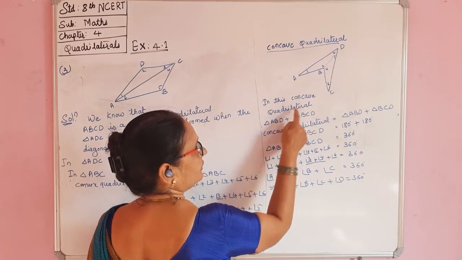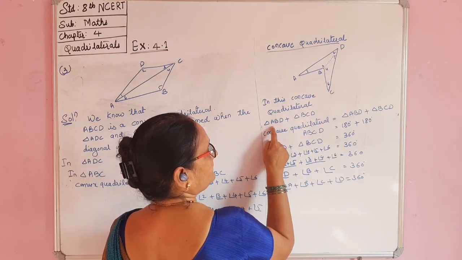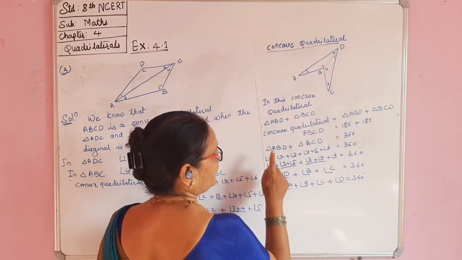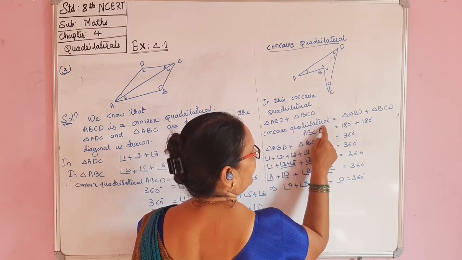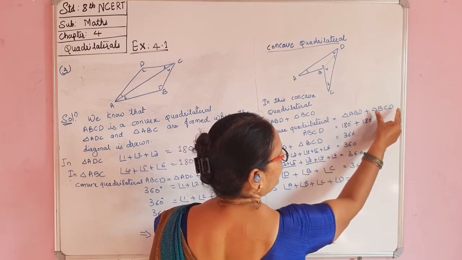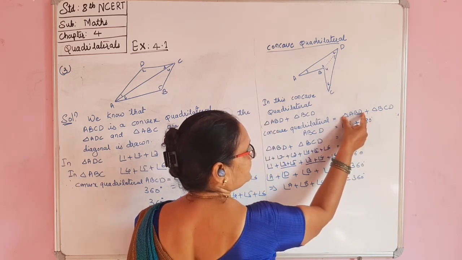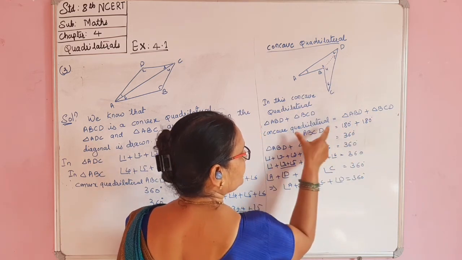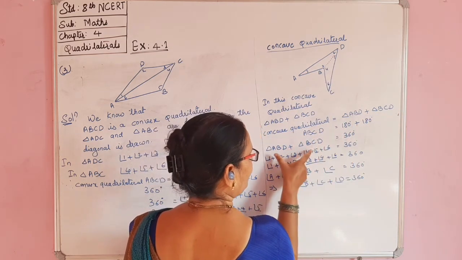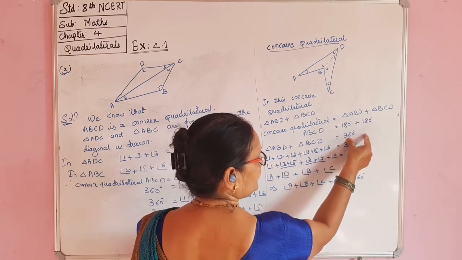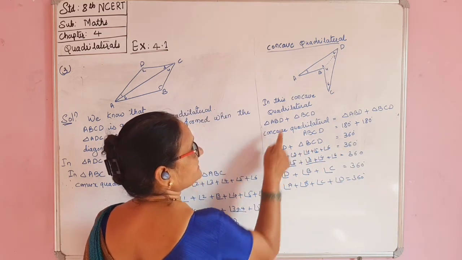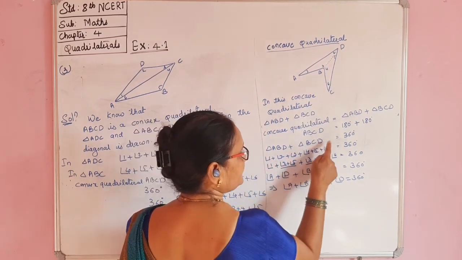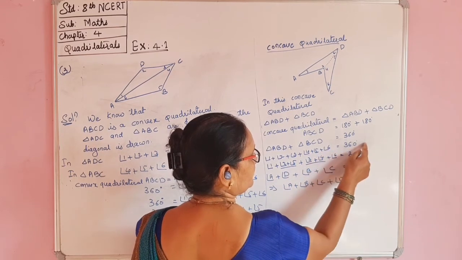The concave quadrilateral ABCD is equal to ABD plus BCD. The sum of ABD is 180 degrees, BCD is 180 degrees. So the whole ABCD is equal to two triangles, equal to 360 degrees. ABD is angle 1 plus 2 plus 3, BCD is 4 plus 5 plus 6, equal to 360 degrees.